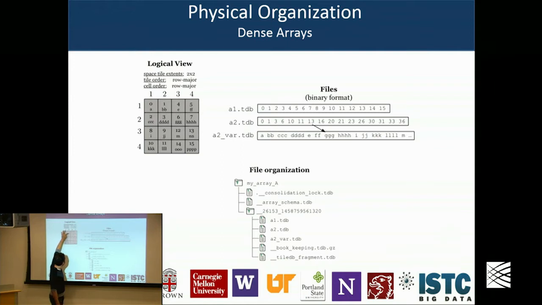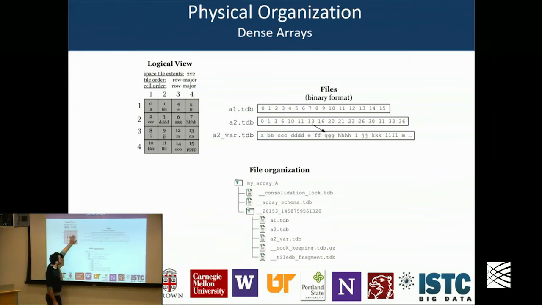Here it's row major inside the tile, row major across the tiles. So the numbers essentially imply the actual position in the order of each cell. We take all of those and we put them in a separate binary file, serialized across the order. This is a separate file, okay, and this is important.